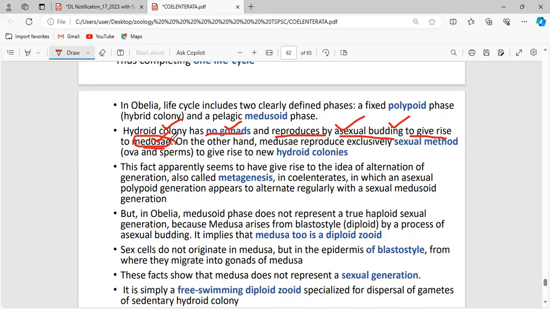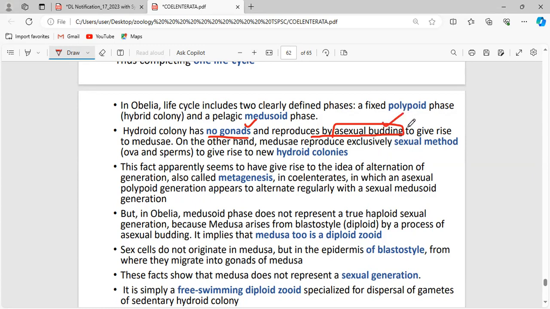Just listen to me very carefully. It is a critical area where you have to understand very clearly. There are no gonads, right? If there are no gonads, no sexual reproduction is possible. So it has to reproduce only by the asexual method. There are two types of asexual method in Coelenterata, fission and budding, but in case of the hydroid colony, they prefer budding.